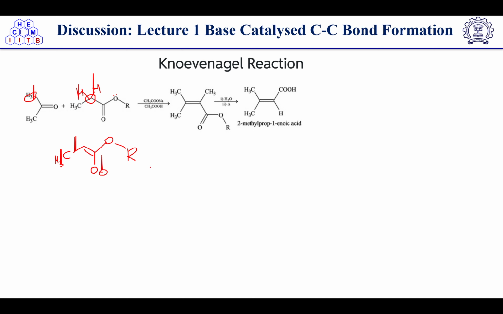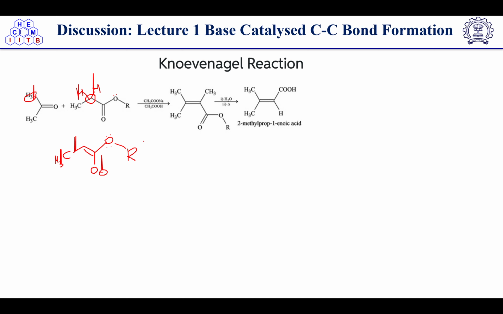This enolate is also stabilized by the lone pairs of the oxygen atom, which are there to stabilize the enolate here. So that's why this enolate is more stable compared to the acetone one.